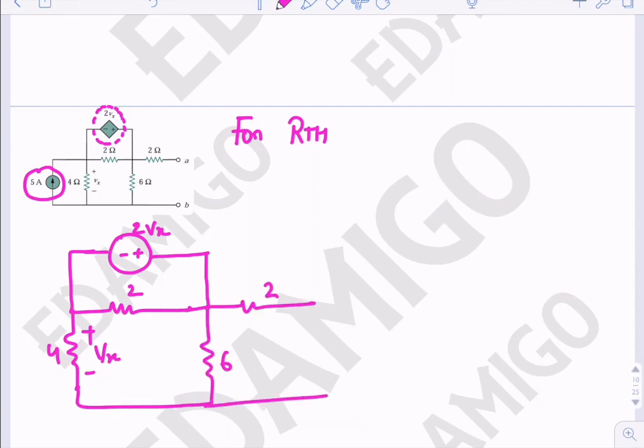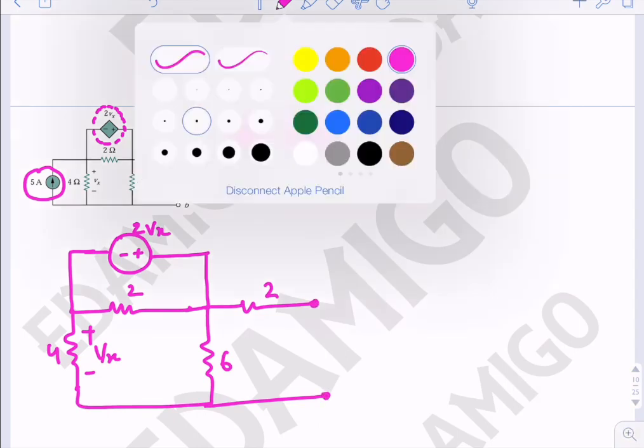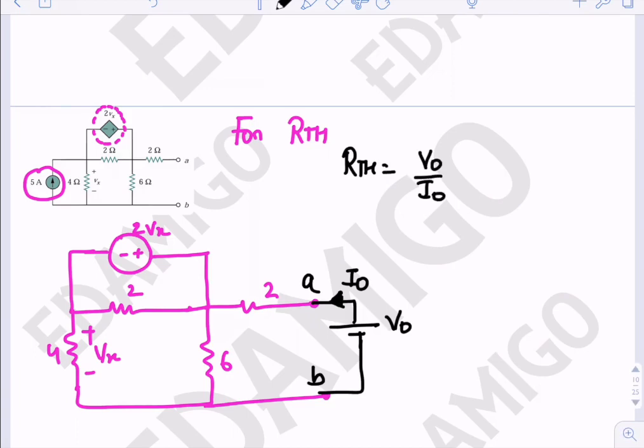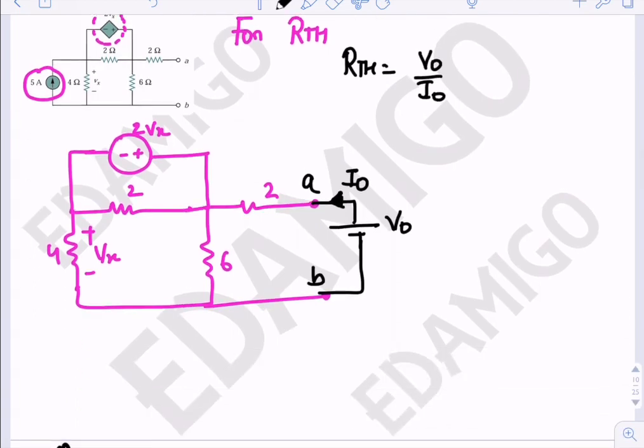Now between A and B terminals we will apply a battery of V0, and assume that this is A terminal, this is B, and assume that the current flowing outside is I naught. We know that RTH is equal to V naught upon I naught.